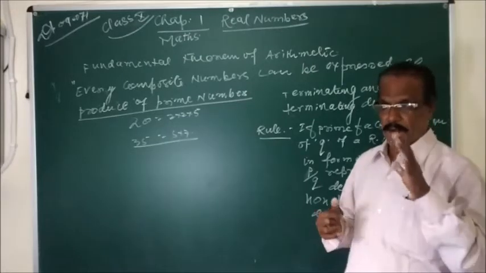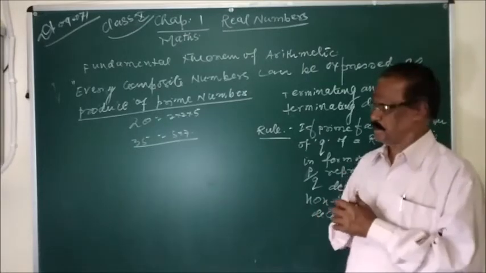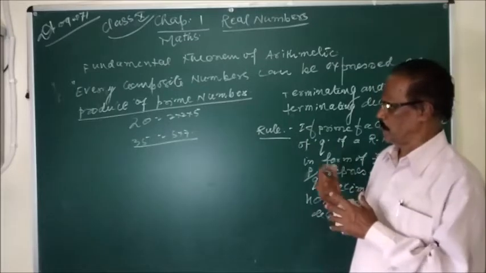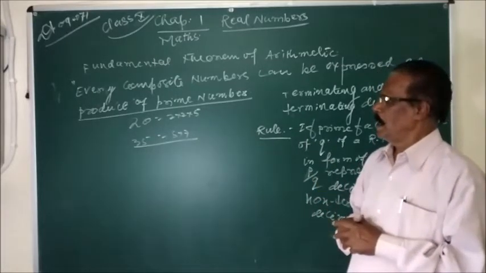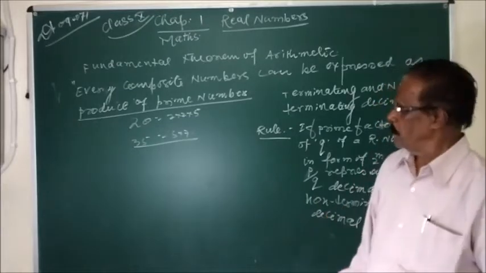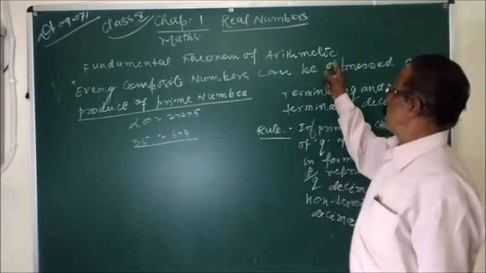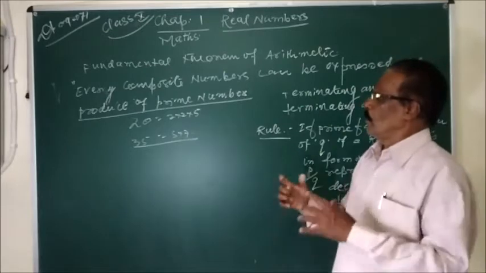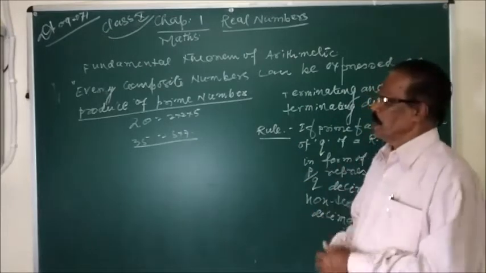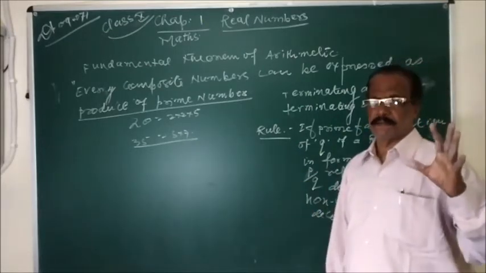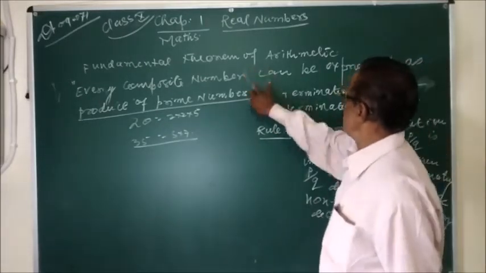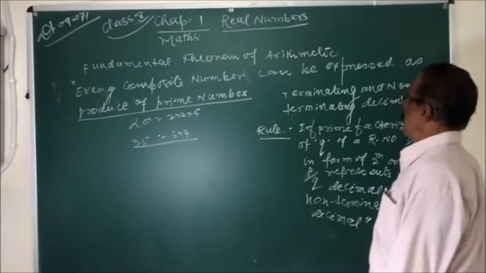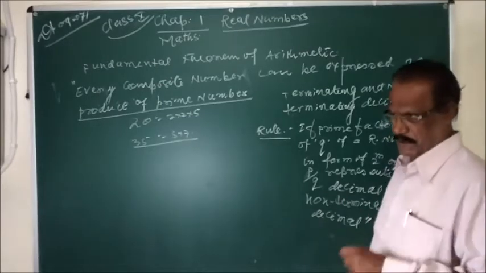You should watch that solution or explanation very carefully, and you will try to solve. Fundamental theorem of arithmetic. What is this theorem? Every composite number can be expressed as a product of prime numbers.